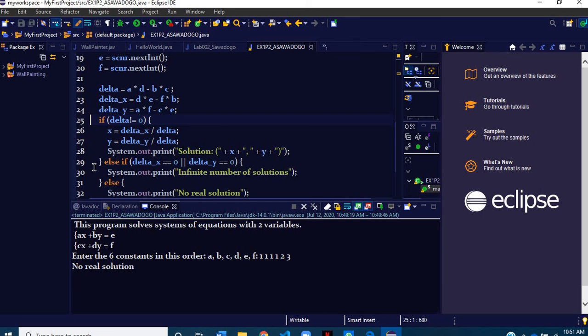So I knew else if would take care of the other case, delta being equal to 0. And the other case would be delta equal to 0 and delta x or delta y not being equal to 0. Now I output no real solution.